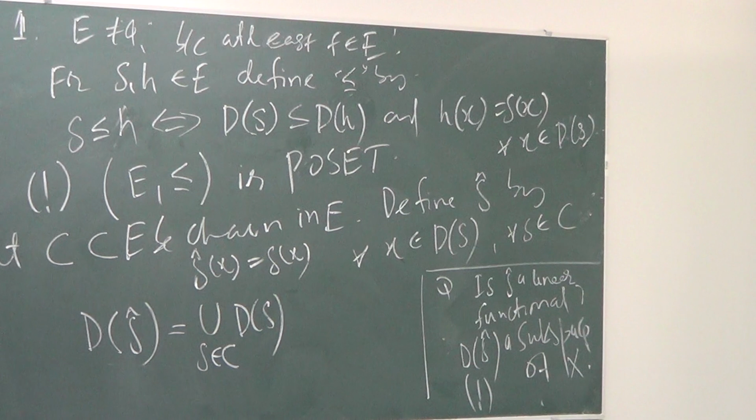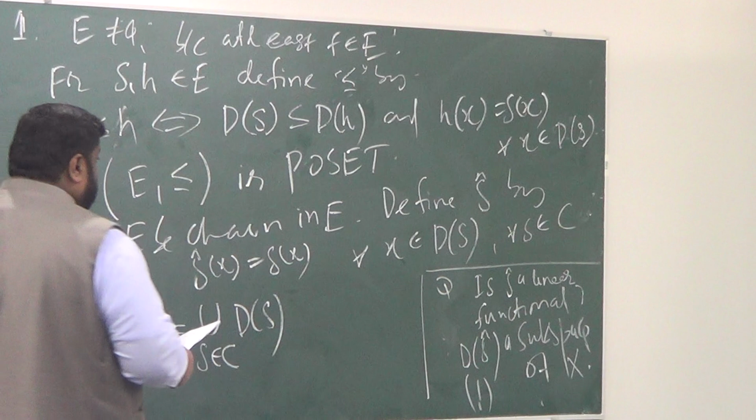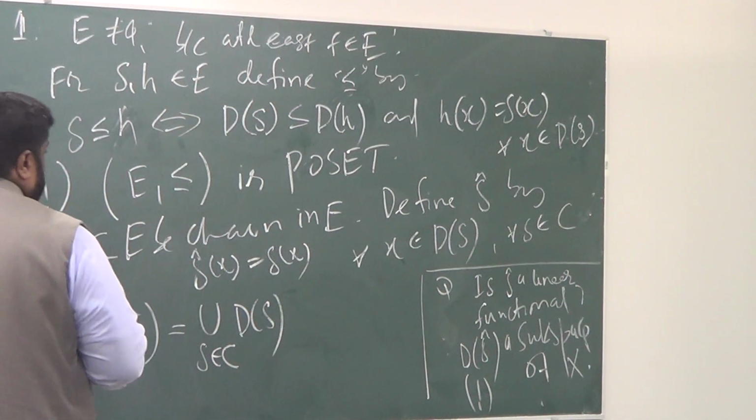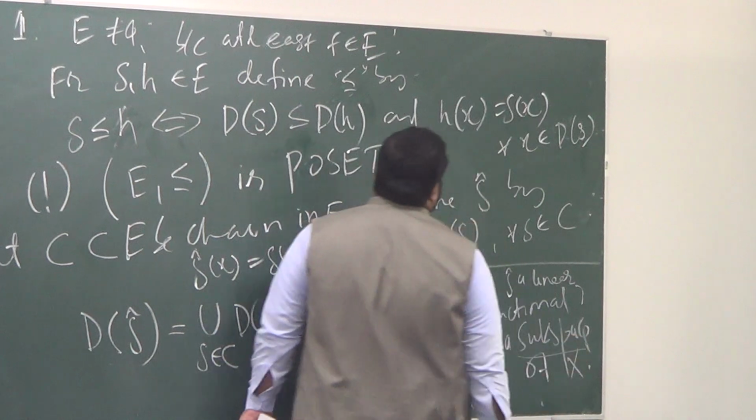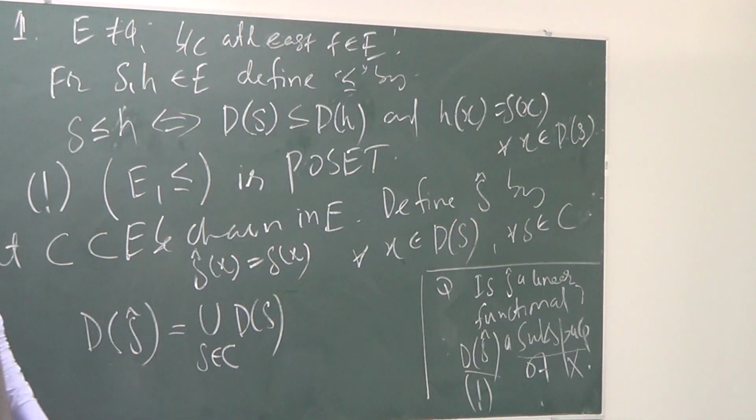Alright, so what I need to prove next is why G hat is an upper bound for C. Another thing I would suggest is that while proving that this is a subspace, this chain structure has a role, so don't ignore it.